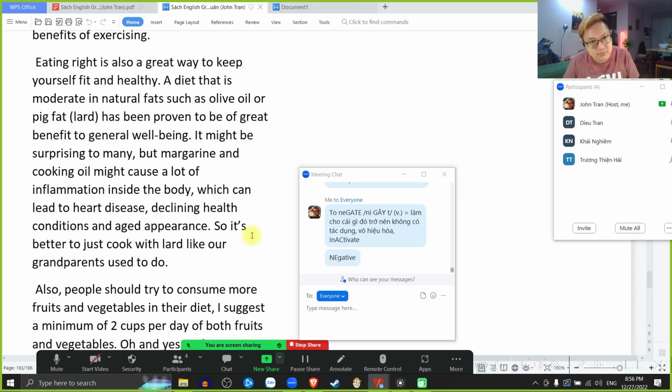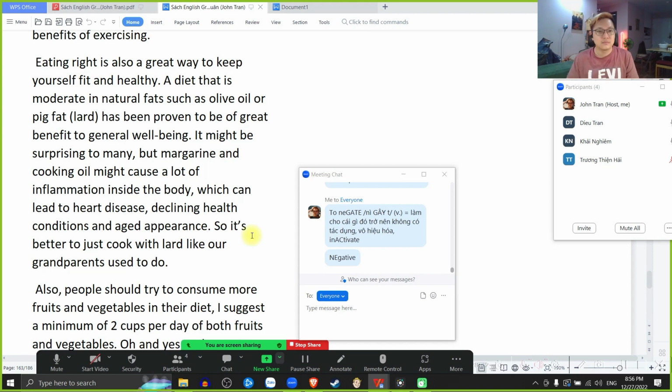A diet that is moderate in natural fats, such as olive oil or beef fat, lard, mỡ lợn á, hay còn gọi là ba rọi á, lard has been proven to be of great benefit to general well-being.